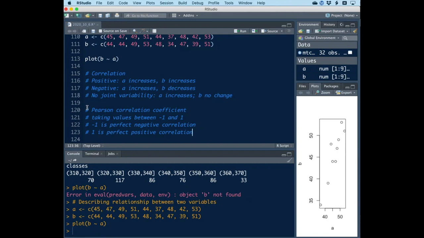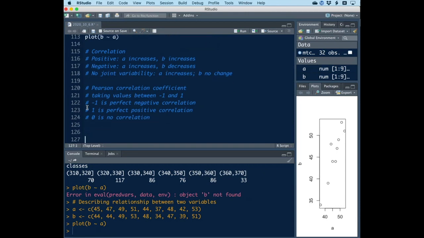So it's a straight line. That's perfect correlation. Of course, the correlation can be less than perfect, like the one we see now. So the value of the Pearson correlation coefficient would be lower than 1 or higher than -1. If we have 0, 0 is no correlation.